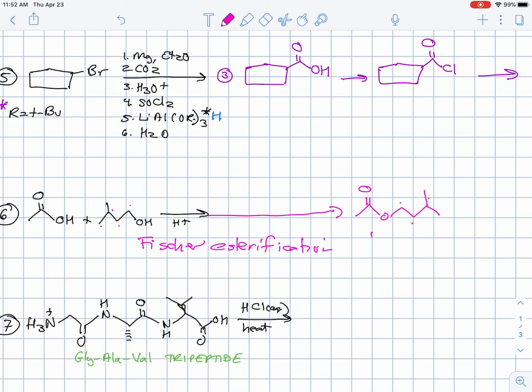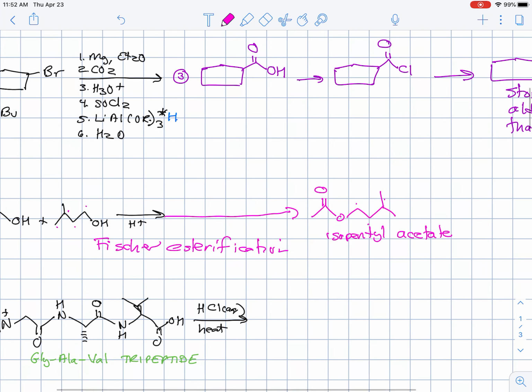There we go. Okay. And so this is known as isopentyl acetate. If you go back a bit in history, it's another name for the pentyl group is amyl, so it's isoamyl acetate.